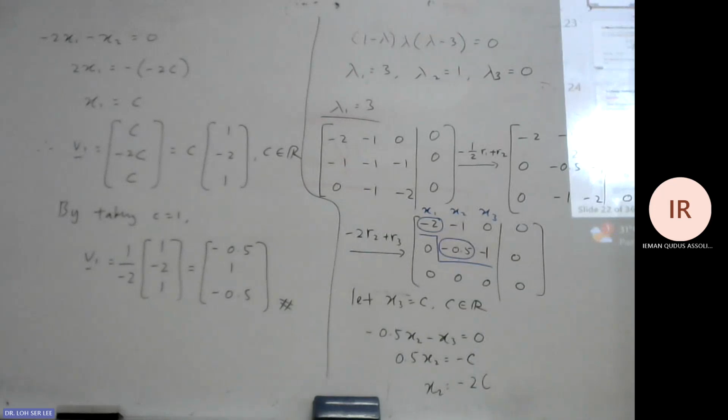Depends. If this is this one, I think it was last year or last 2 years, it came up in the midterm. Midterm normally has 2 questions, each question has 2 parts.